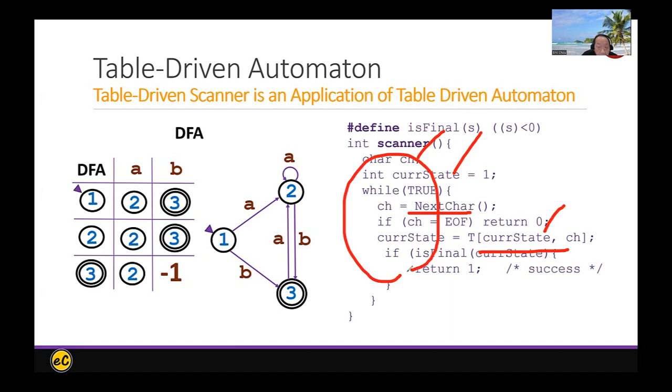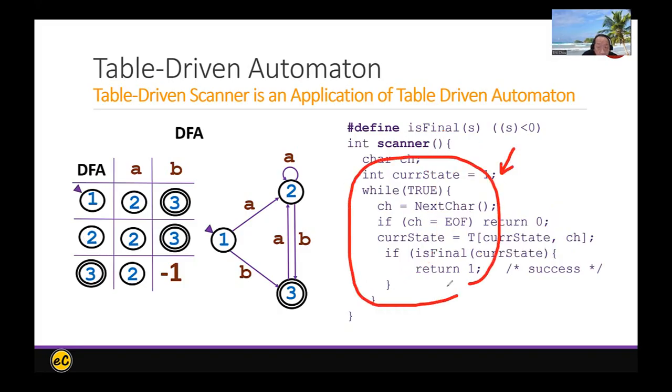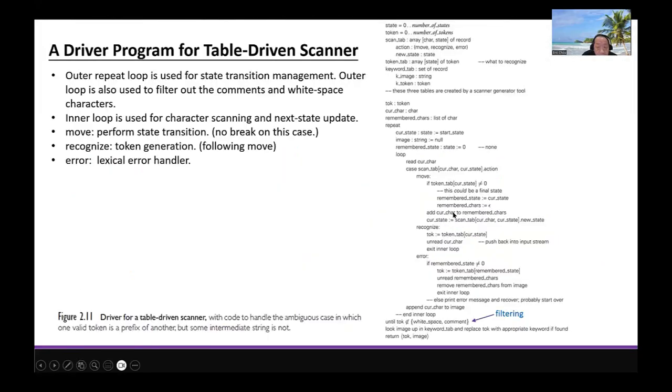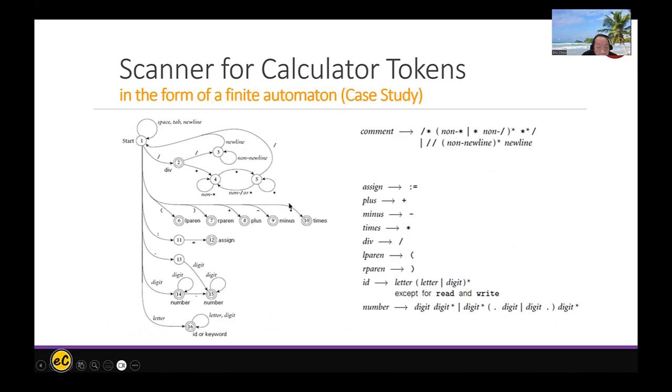So this one is a basic state machine structure for C program, okay? So we will later use this algorithm to develop our finite state machine, and then try to give you an example to know what kind of application this finite state machine can do, okay? And this is a driver program to talk about a table-driven scanner to do this, okay?